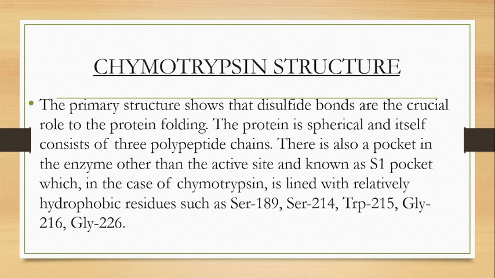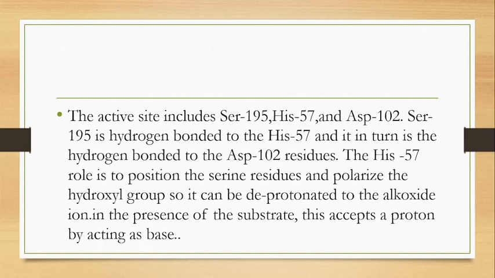216, glycine 226. The active site includes serine 195, histidine 57, and ASP 102. Serine 195 is hydrogen bonded to histidine 57, and it in turn is hydrogen bonded to the ASP 102 residue.